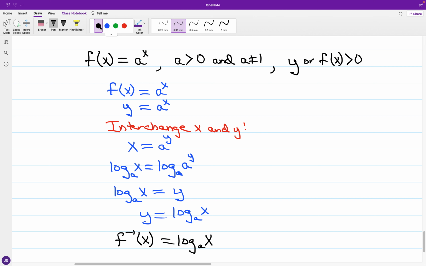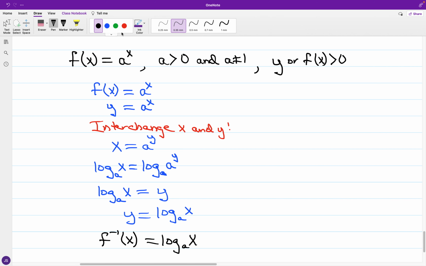Okay, and just a bit of a counterpart here: when a was at 10, we had the inverse to be the base 10 logarithm of x.